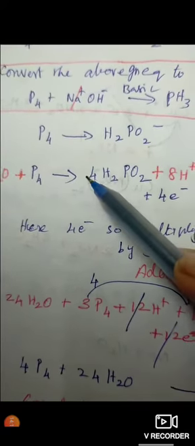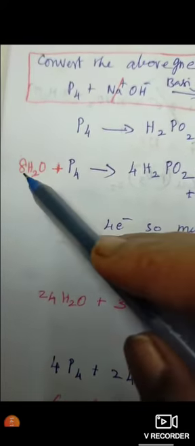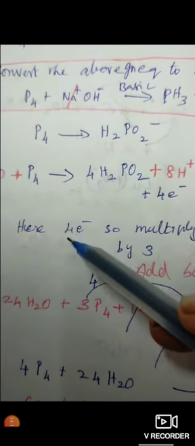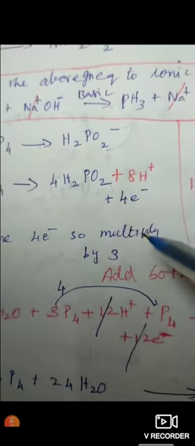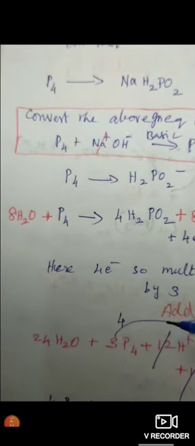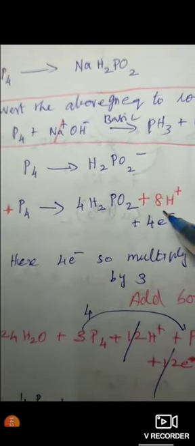How many oxygen are there? 8 oxygen are there, so we have written 8H2O. When H2O is there, here 8 hydrogen are there, the remaining 8 hydrogen we need, so we have written 8H plus. What is the charge here?